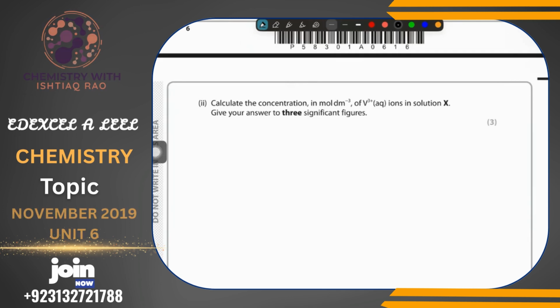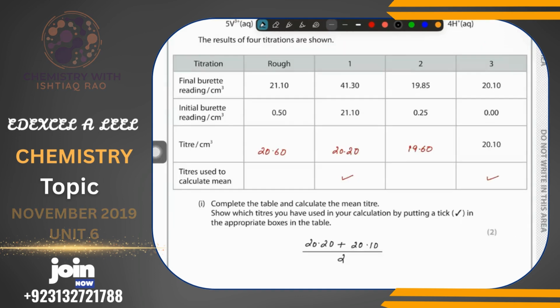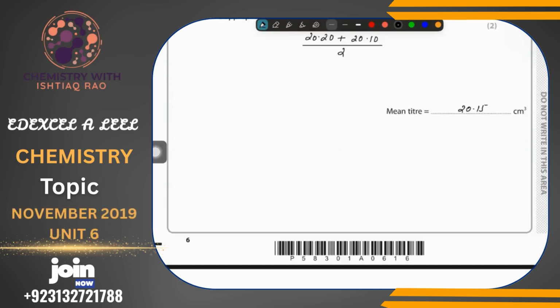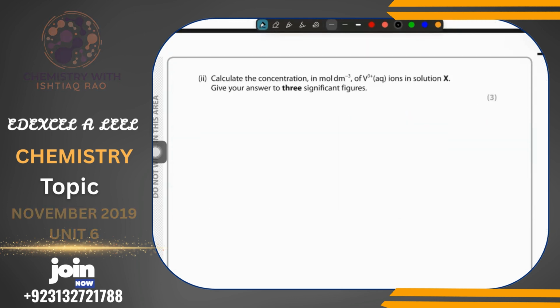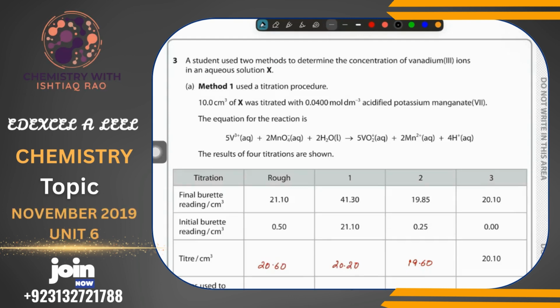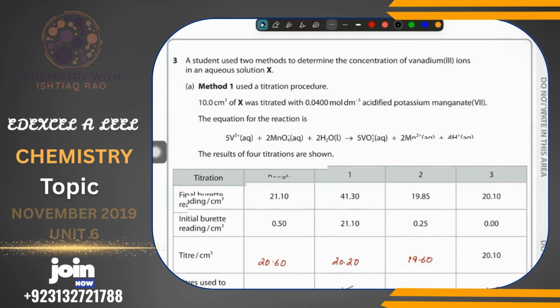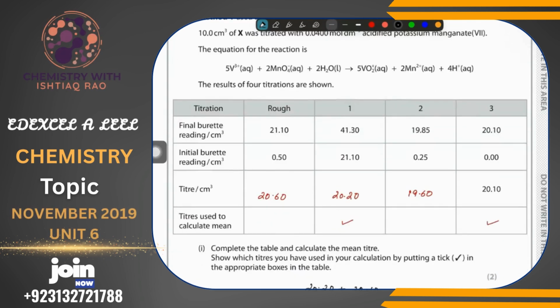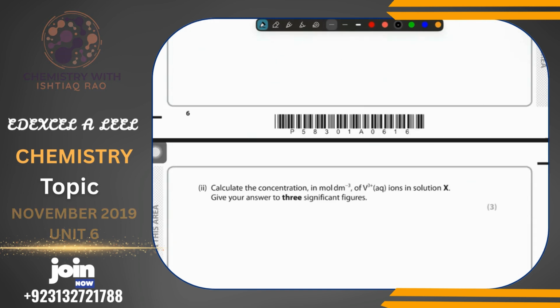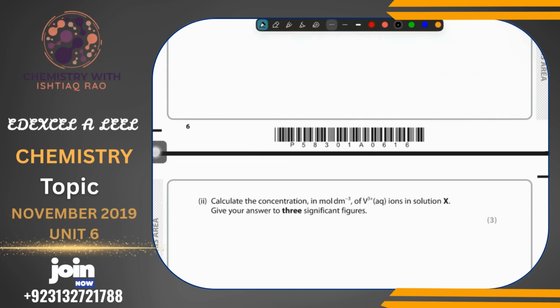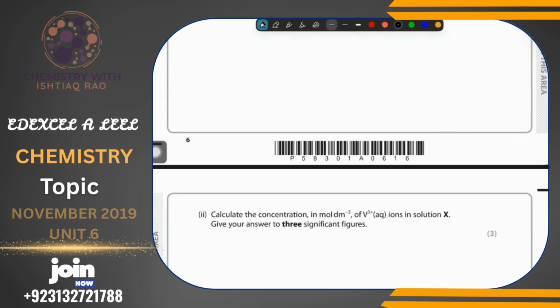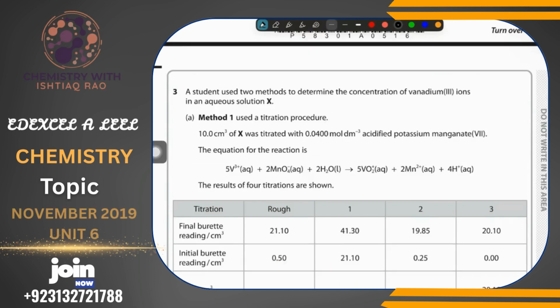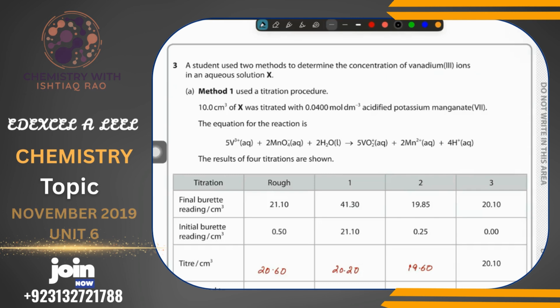Now we have to find out the concentration. For concentration, we need to have the mole and volume. I got the volume of V3 plus. Then we have to find out the moles of V3 plus by the given data. The concentration of MnO4 is given to you.